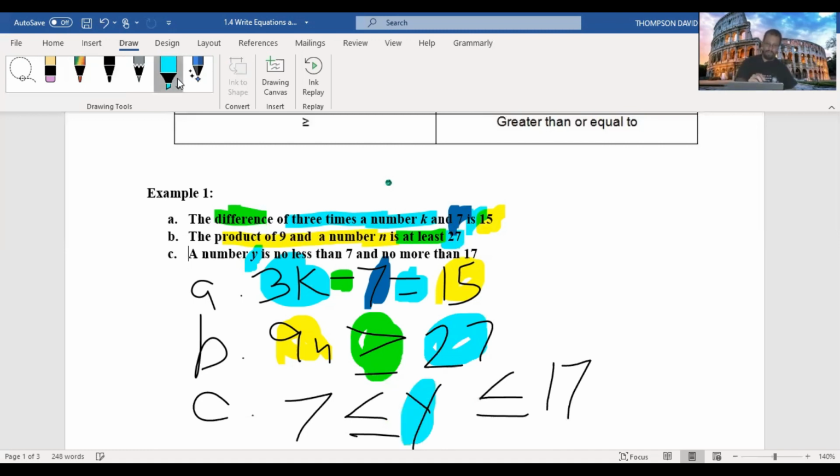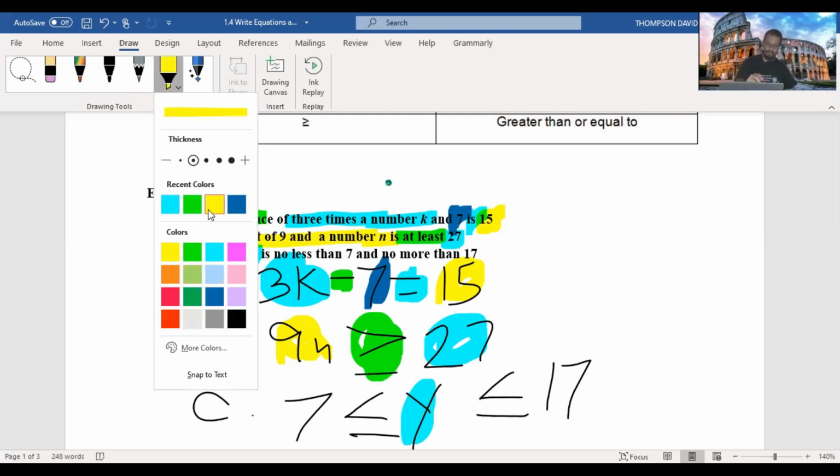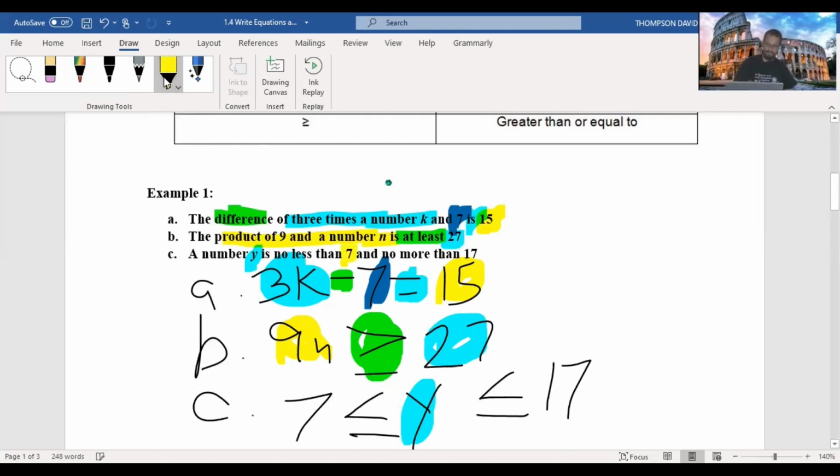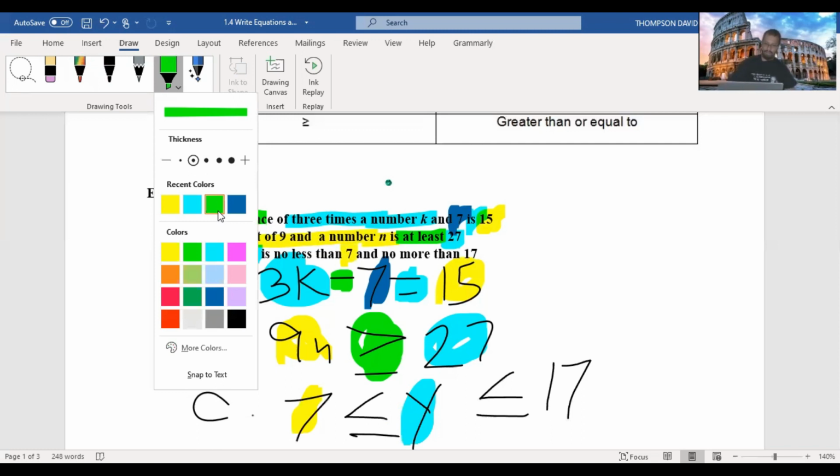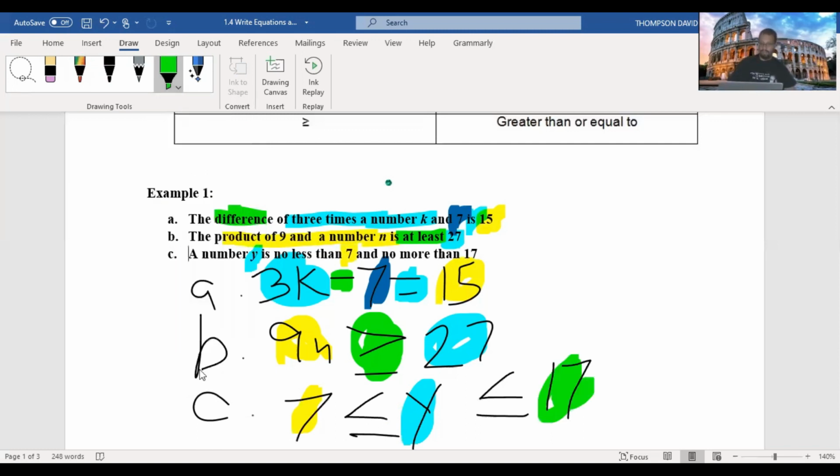And we'll highlight our 7 in yellow. We'll highlight our 17 in green. And we are done interpreting those equations.